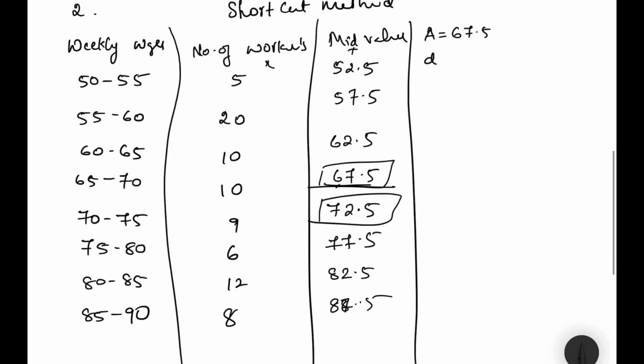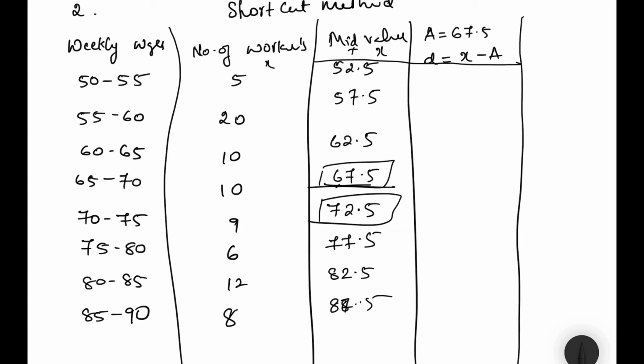Here I'll get a D, where D is equal to x minus A. Remember this is the column created here. Mid value you can take either 72.5 or 67.5; I'll take 67.5. So what will be the values I'll get?